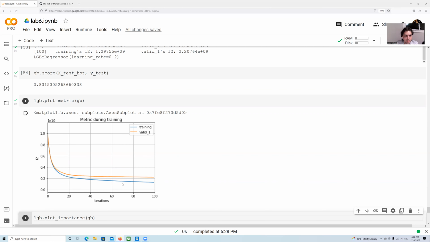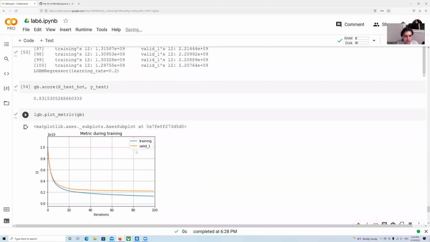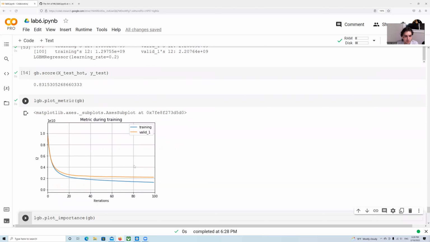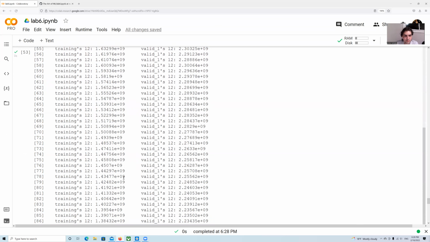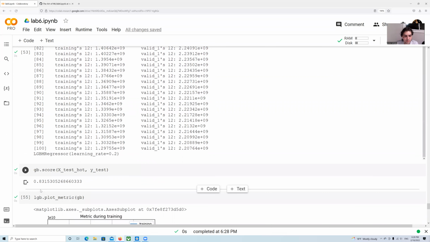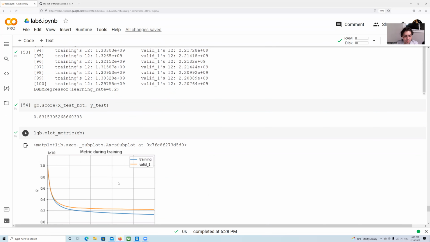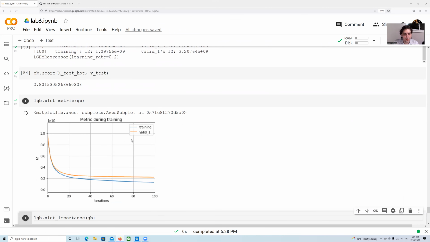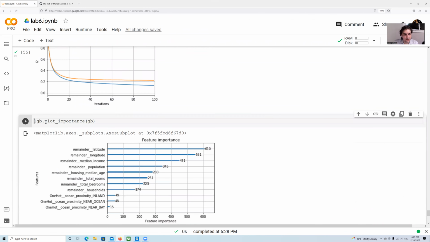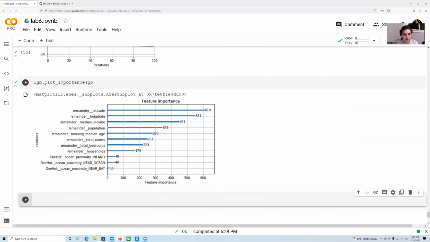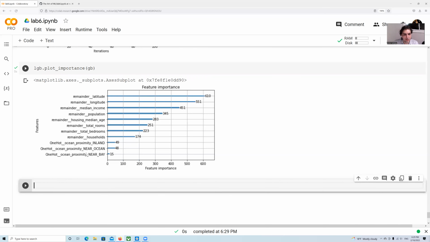I think the orange one should be training. Oh no, probably it's correct. Blue is training and orange one is validation. And also there is the parameter plot importance, which will show you the importance of each feature.